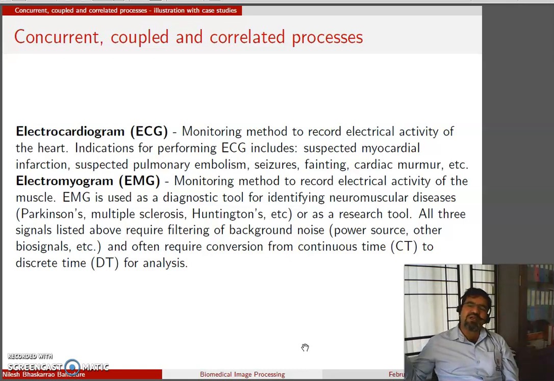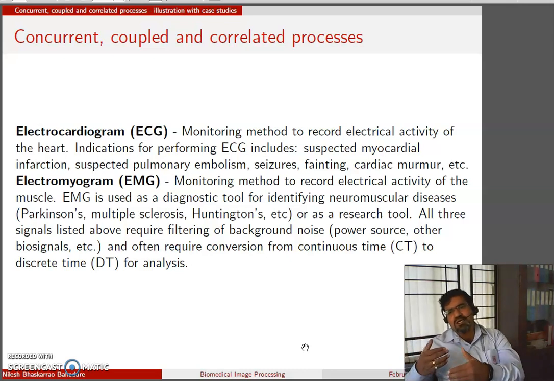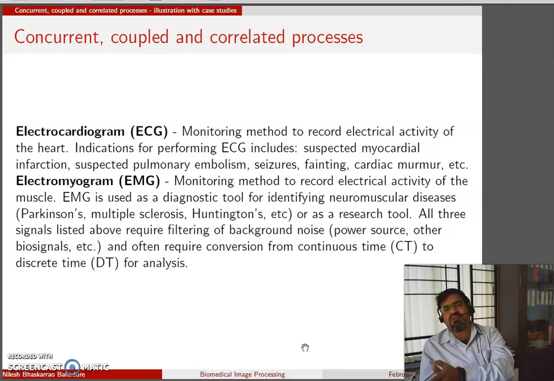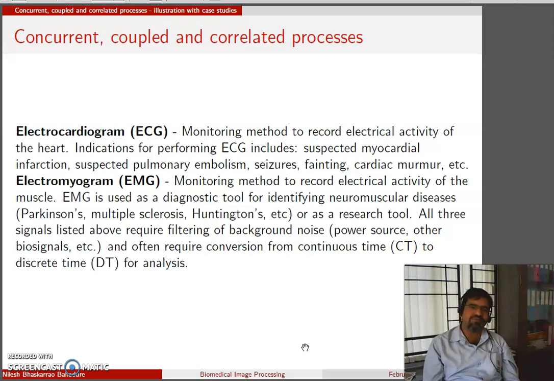Because if the signal is in continuous format, making the analysis on it is sometimes very difficult. Similarly, to analyze that signal using the computer diagnosis system, the digitization of the signal is very much required. So the continuous signal should be converted to the discrete signal for further analysis.